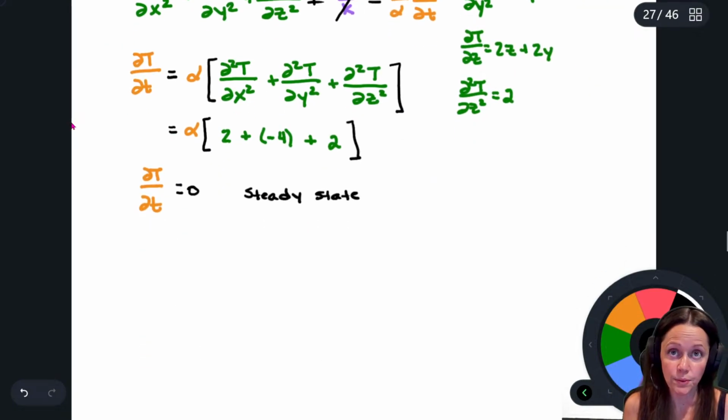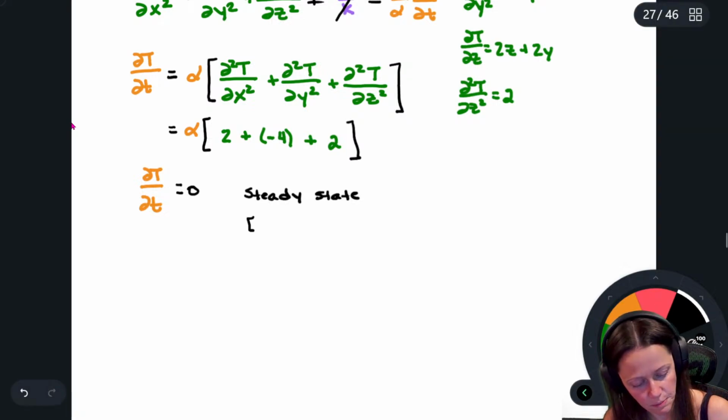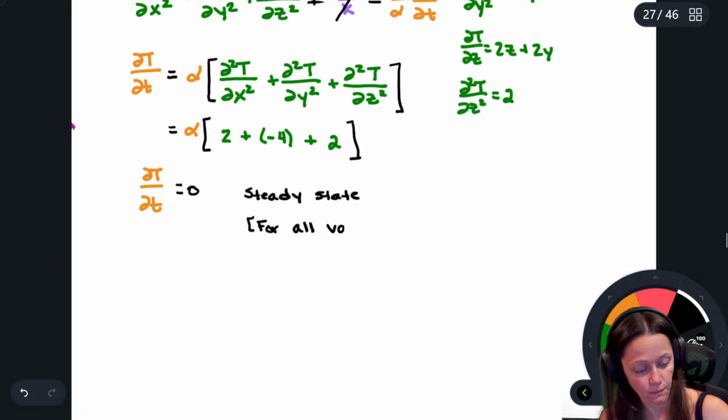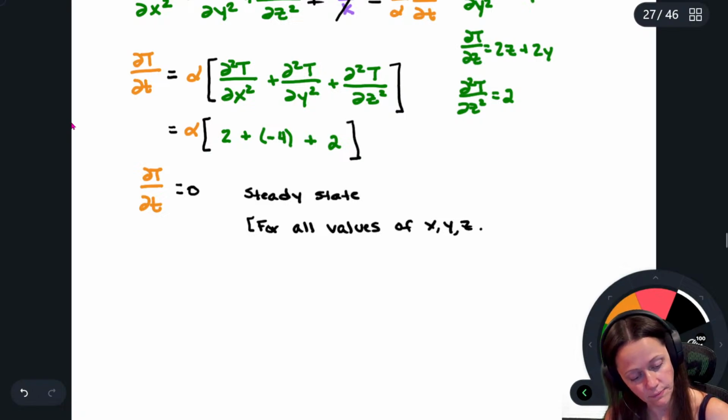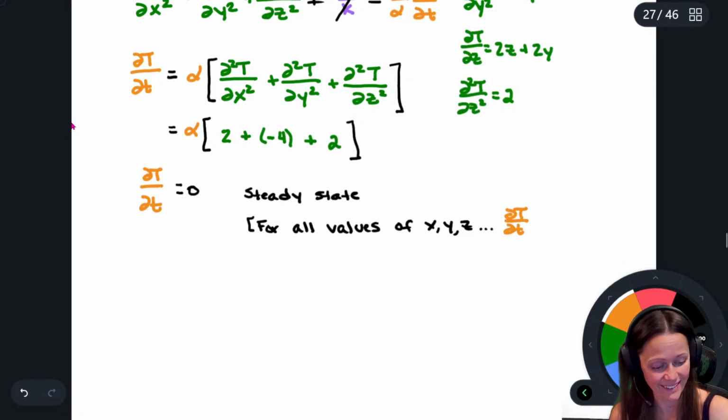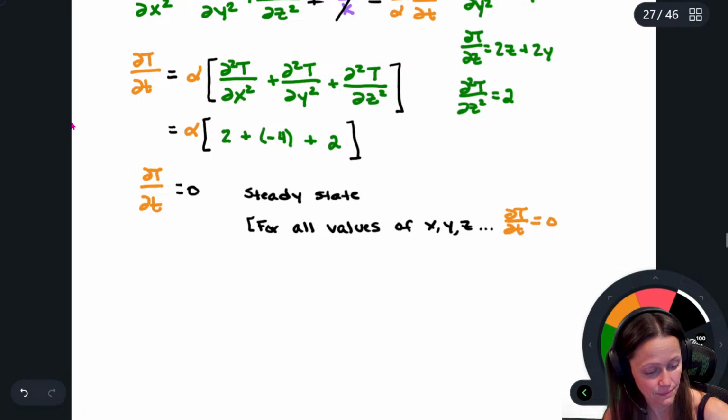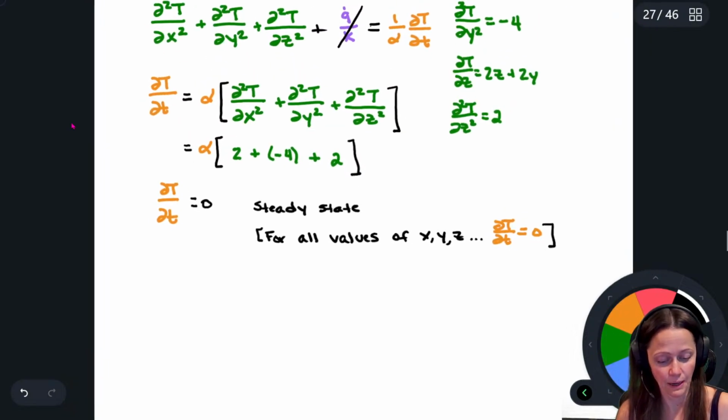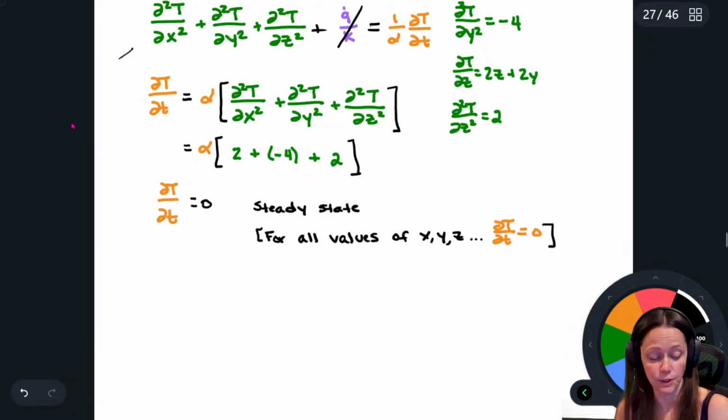The reason we're saying it's steady state is because for all values of x, y, z, dT/dt is equal to 0. It doesn't matter what values I plug in.